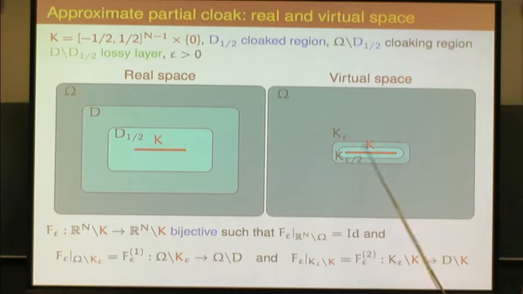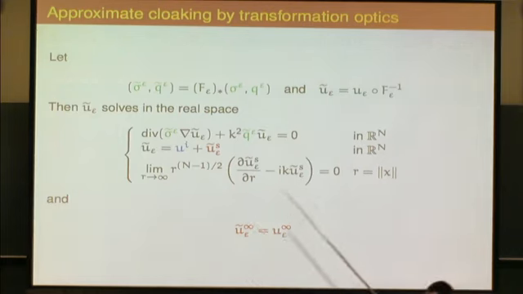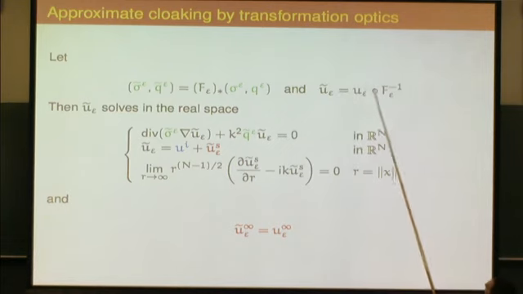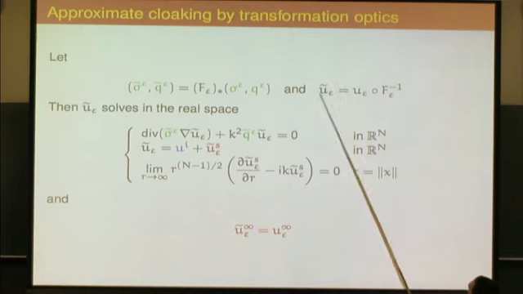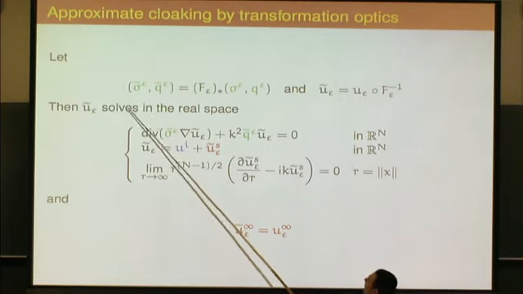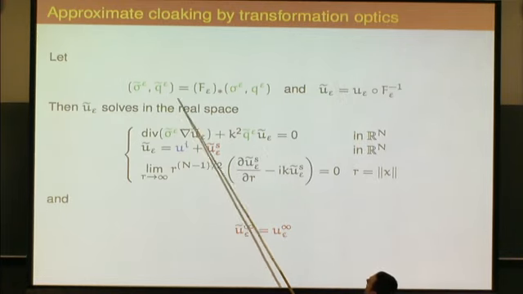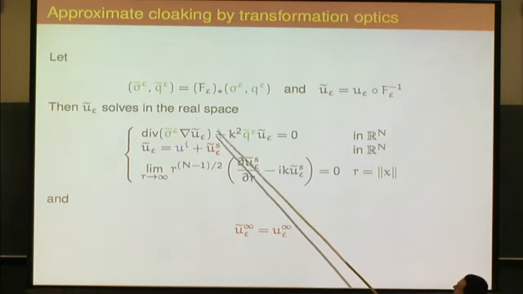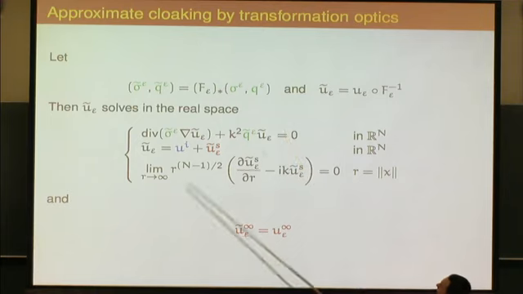You have a thin lossy layer in here, and you have no information whatsoever about what's in this lighter region. And then you simply use the pullback, and instead of using the solution u epsilon, you consider its transformation u epsilon tilde, and you get this pullback operator. And then in the real space, you have the following scattering problem.